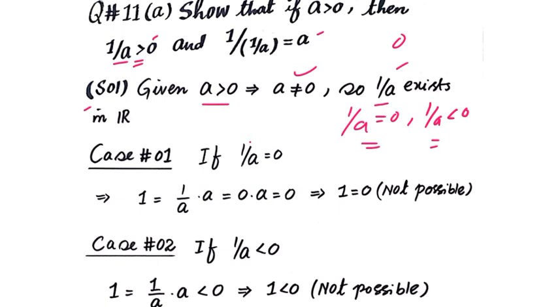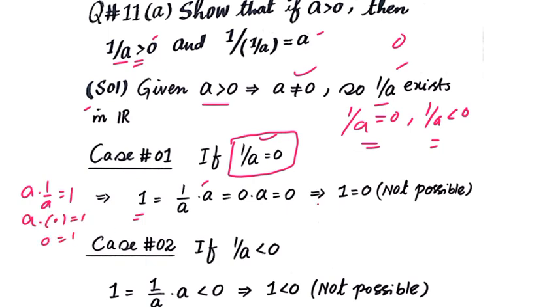So if 1 over a is equal to 0, I can write 1 is equal to 1 over a into a. As you know, a into 1 over a is equal to 1. But when you put 1 over a equal to 0, this becomes 0 is equal to 1. That is not possible. So the first case, 1 over a equal to 0, is not valid.